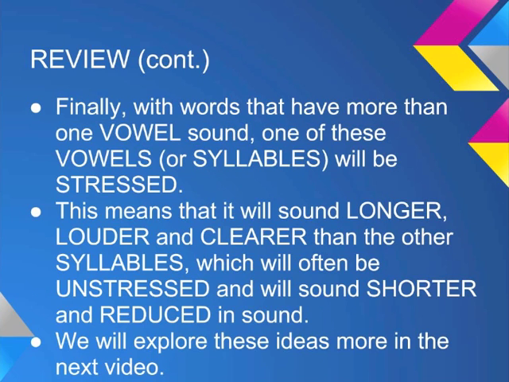Finally, with words that have more than one vowel sound, one of these vowels, or syllables, will be stressed. This means that it will sound longer, louder, and clearer than the other syllables, which will often be unstressed and will sound shorter and reduced in sound. We will explore these ideas more in the next video.